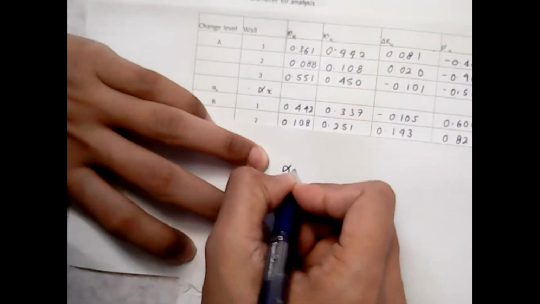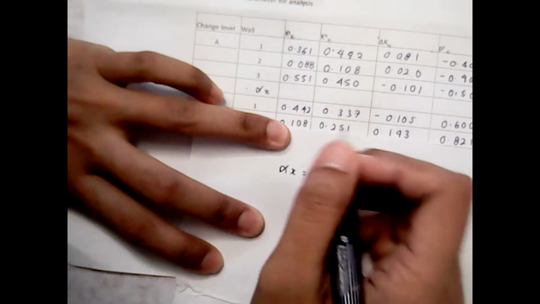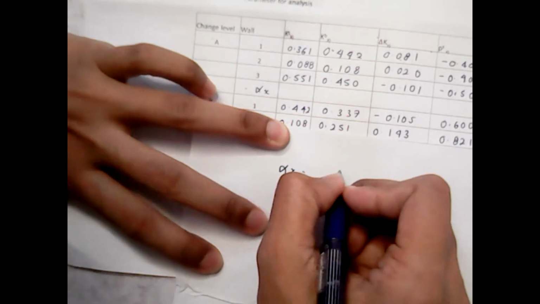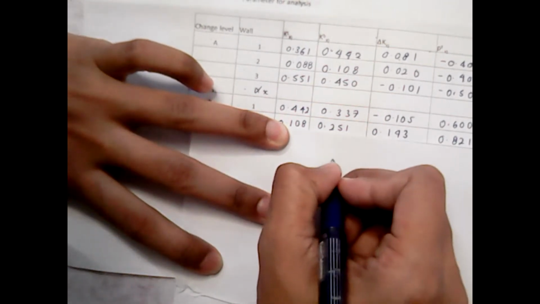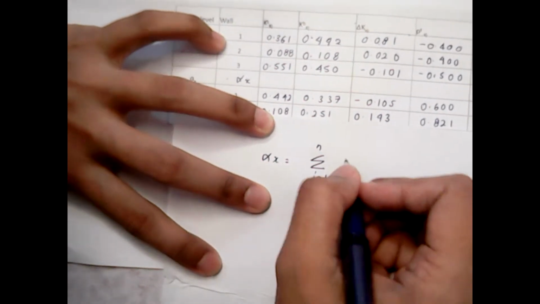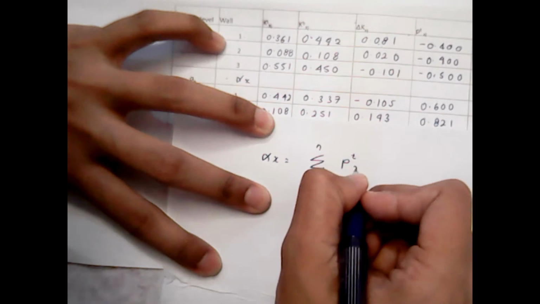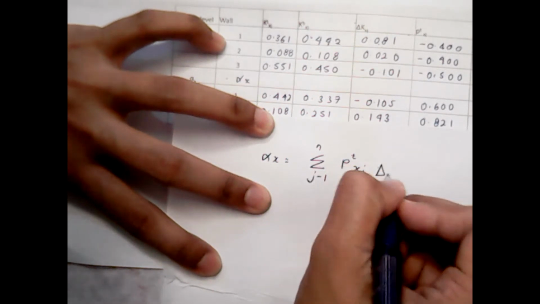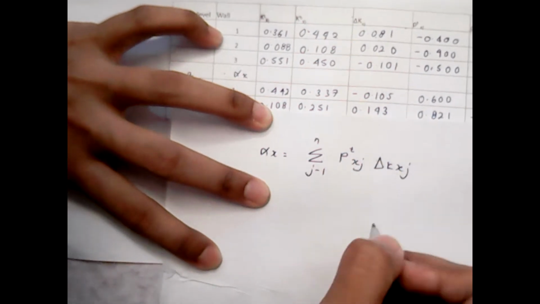Alpha x is equivalent to the summation for j equals 1 of ptxj times delta k xj.